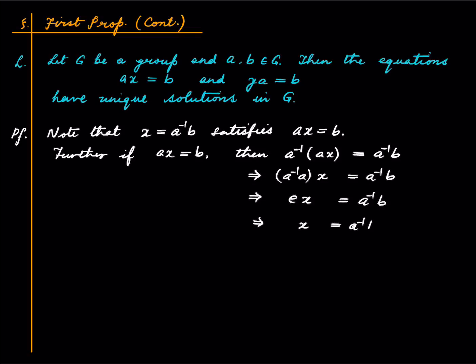So if there is a solution, this is the only solution, and this indeed is the solution. You can easily check that this is a solution to that equation. So we have justified that this has a unique solution in G, and similarly you can do the other part. That's an exercise. It's a very, very similar thing.